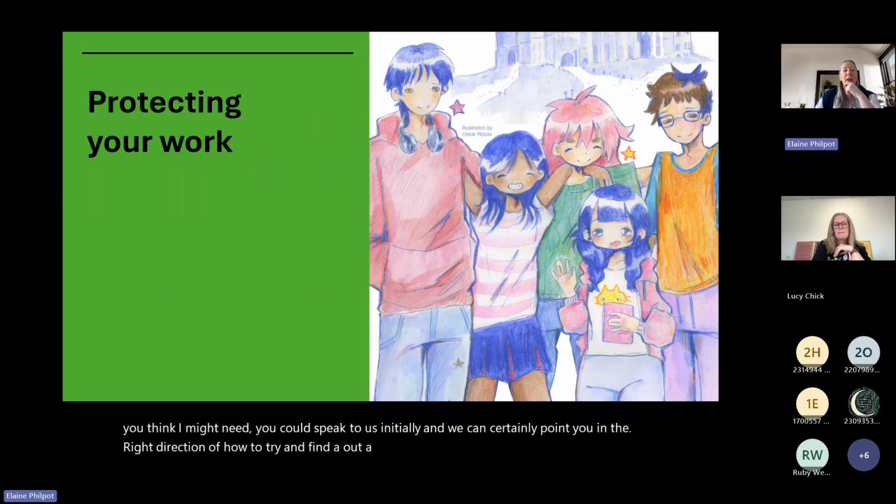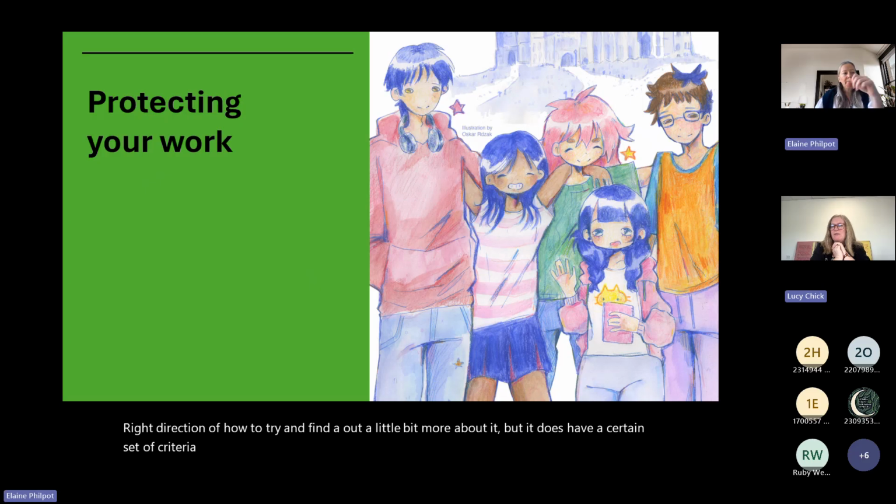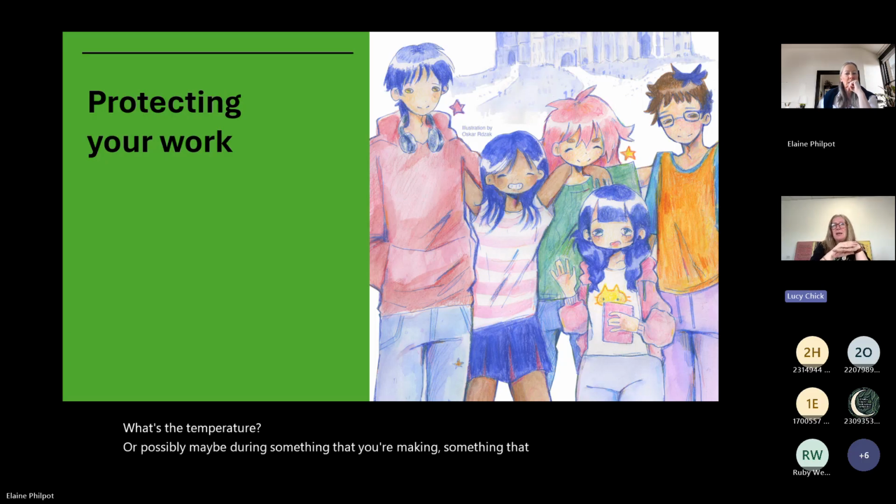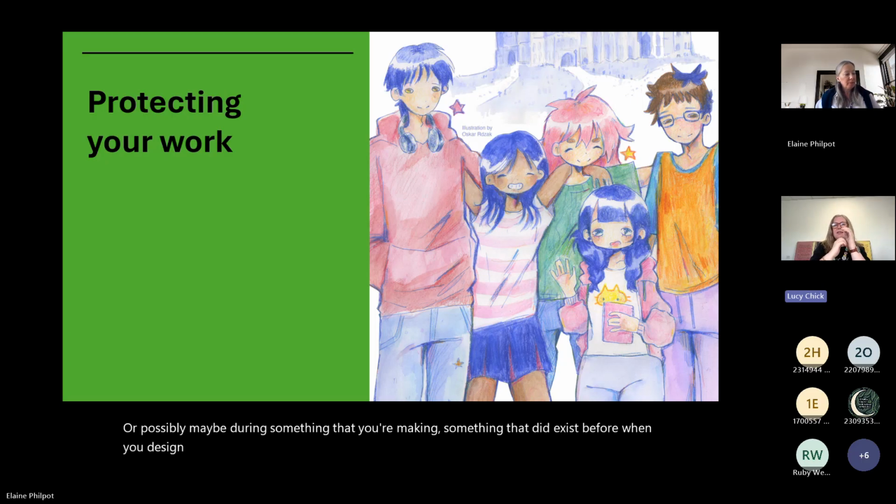But it does have a certain set of criteria to it. I think it's more likely that you're going to be involved in patents if you're doing industrial design or product design or possibly architecture, or maybe jewelry, something where you're making something that didn't exist before and you design that thing. It's not common for most small businesses.